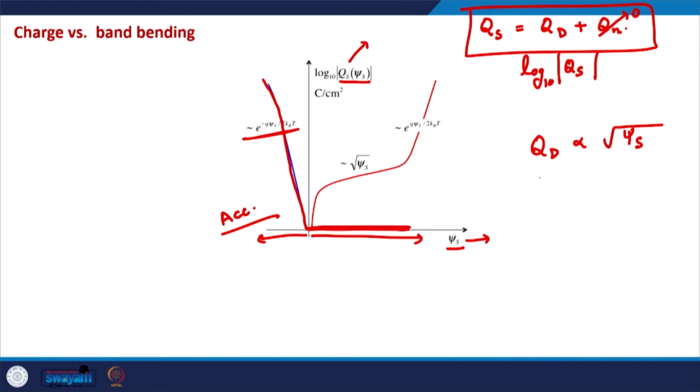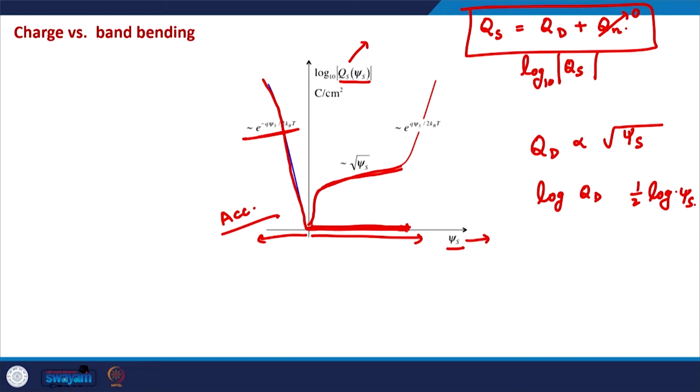Okay. So this log of Qd will be 1 by 2 log of psi s. So that's why there is this slow dependence of the semiconductor charge as a function of psi s for the low values of psi s.